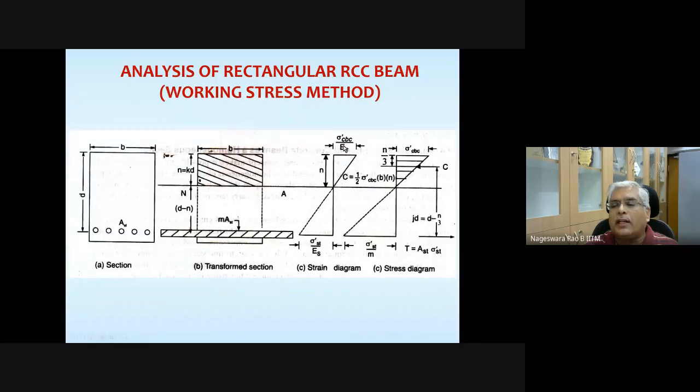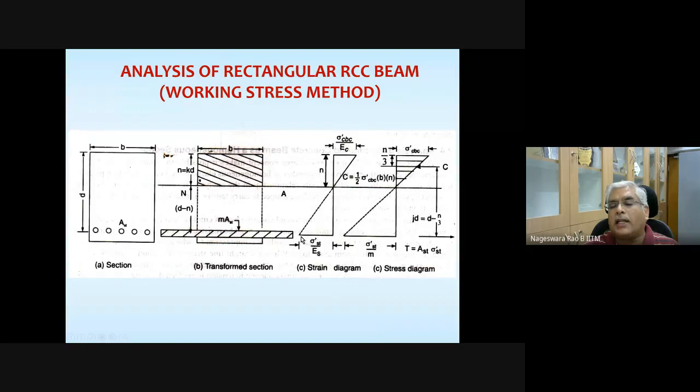Strain in the extreme fiber is actually stress in the extreme fiber divided by modulus of elasticity of concrete. Sigma prime cbc is the compressive stress in concrete in the extreme fiber, and Ec is the Young's modulus of concrete. And strain variation is linear.